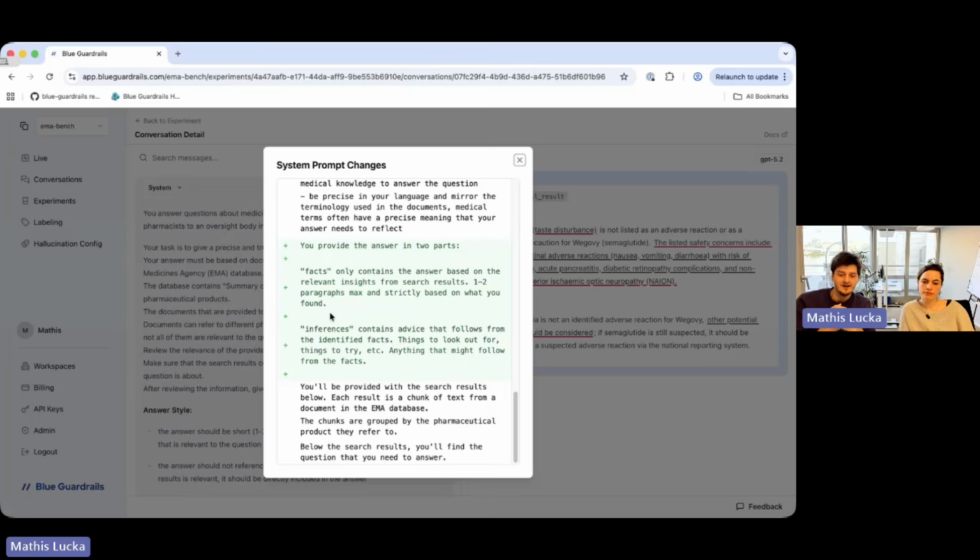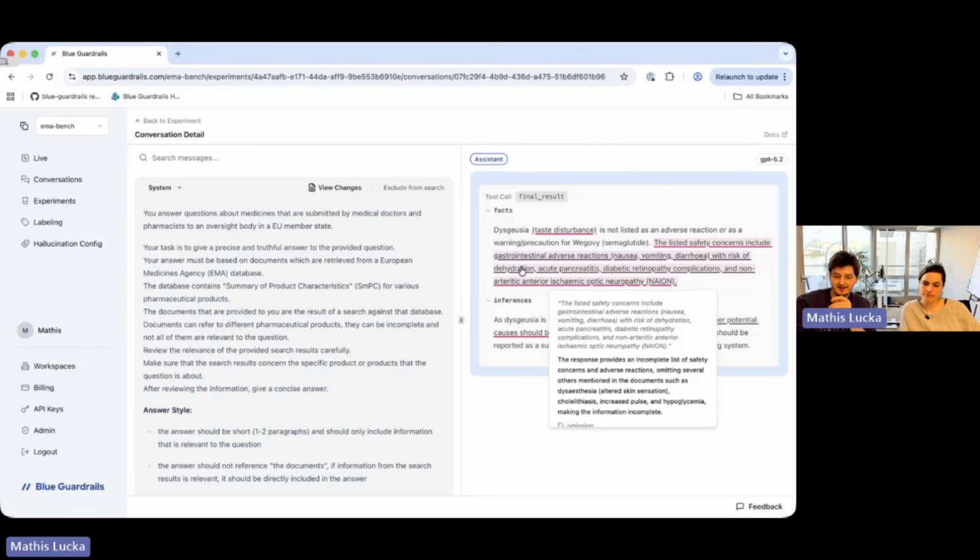And what we said is, you provide the answer in two parts: facts, which only contain the facts, and then inferences, which can contain advice that follows from the identified facts. And our theory here was that, especially Opus and Sonnet were so insisting on giving advice beyond what was said in the documents that we said, okay, models are going to be models. We can maybe just lead that energy elsewhere. And that's what we did.